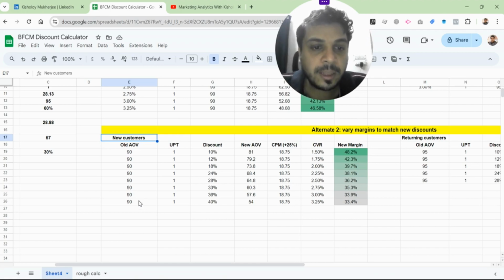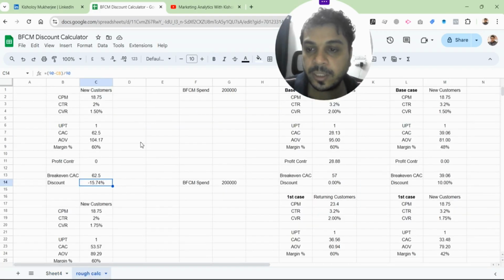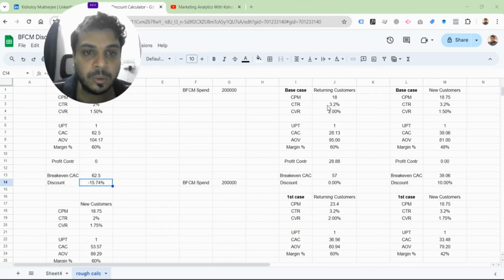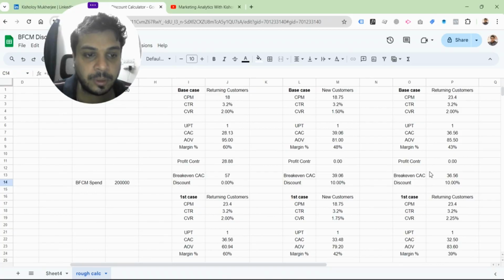re-operate according to that new margin. This is of course something that you will have to see, whether or not this is possible, and you can see here it makes sense. And by the way, the calculations are again very similar. As you can see here, the different cases, 23.4, and then you have the discount percentages, break-even CAC being equal to the CAC, similar sort of thing.